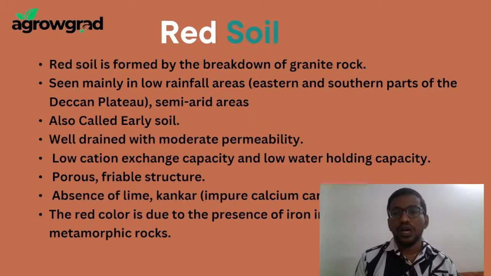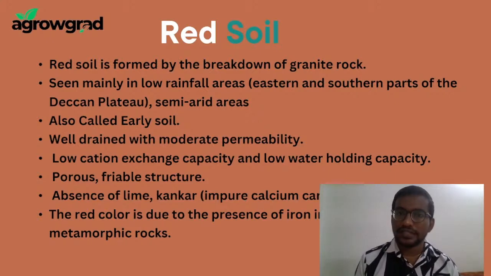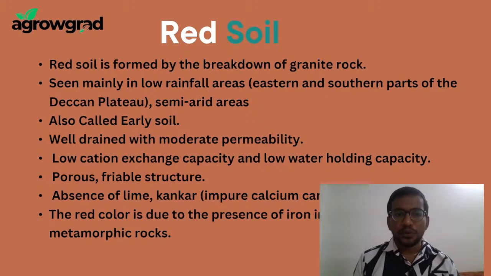It's not able to hold the water. So if any crop needs water retention, we cannot go for that soil. If any crop needs proper drainage, we can go for red soil. It's a porous and friable structure, so it is not able to hold water.